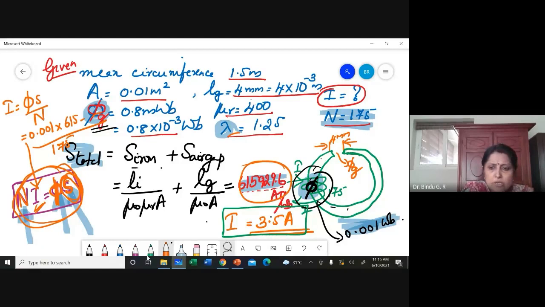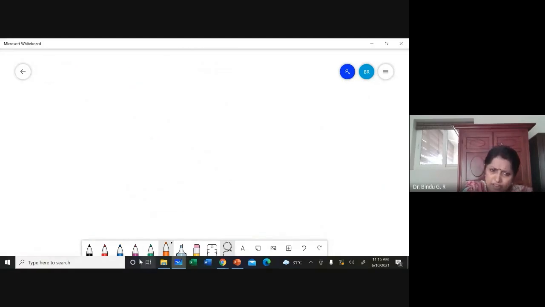Now, if you are given a complicated composite series circuit, and you have understood the concept, this is clear.